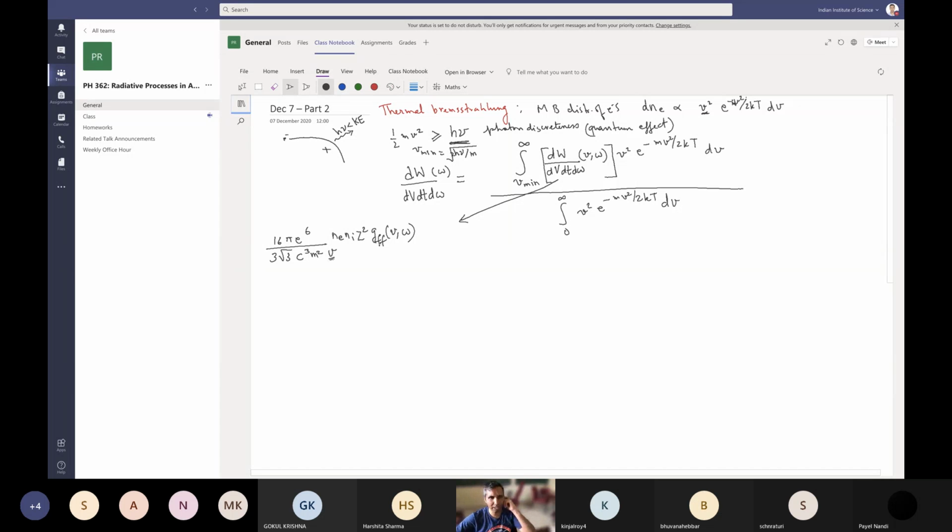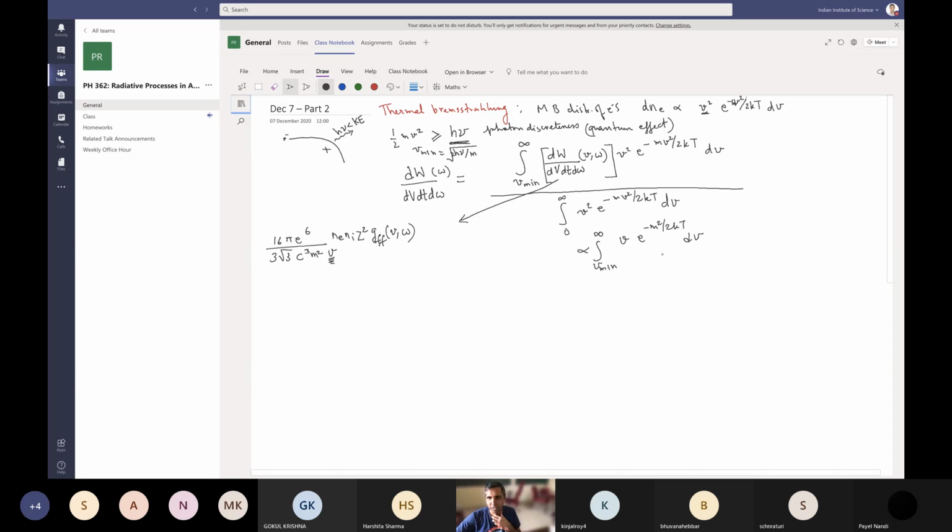The key thing to notice is that there is 1 by v. So this integral on top is basically the integral from v min to infinity, and it's proportional to, instead of v squared, v e to the minus m v squared by twice kT dv.